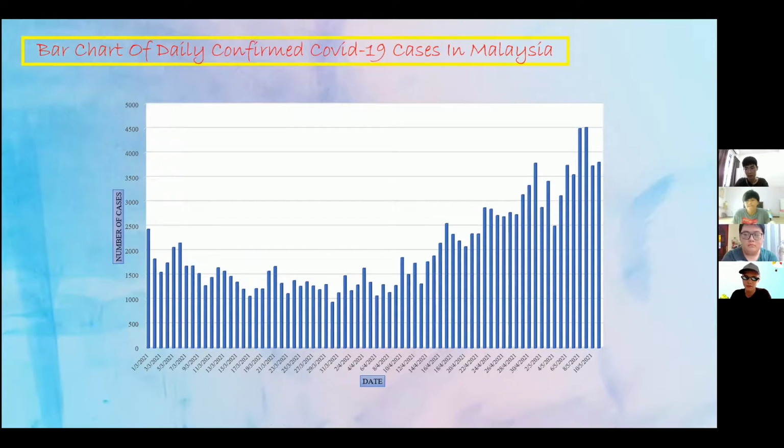All right, let's look at the bar chart of Malaysia. From the observation, we notice that the chart is also increasing exponentially.